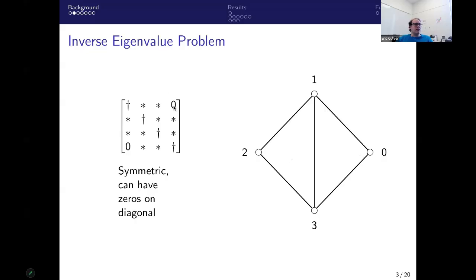So there's a 0 here because there's not an edge between this 0 vertex and this 2 vertex. And then we want to look at all the matrices that match up with this pattern, essentially.